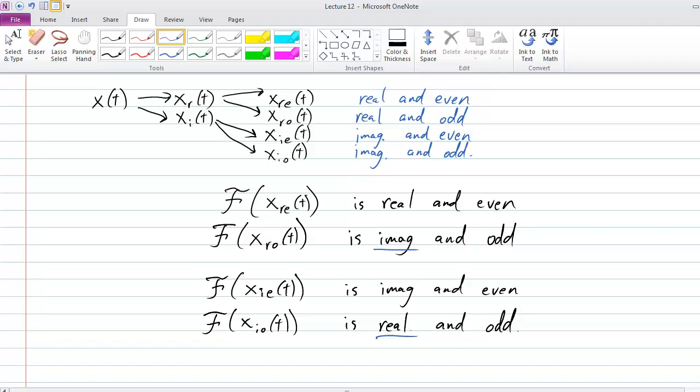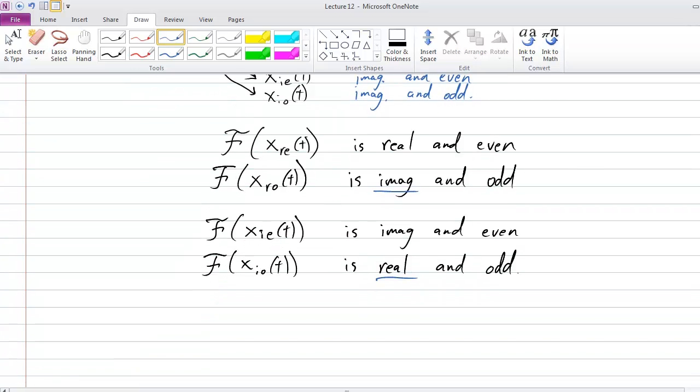Okay, so what I want to show, though, is this property: the Fourier transform of x conjugate of t.